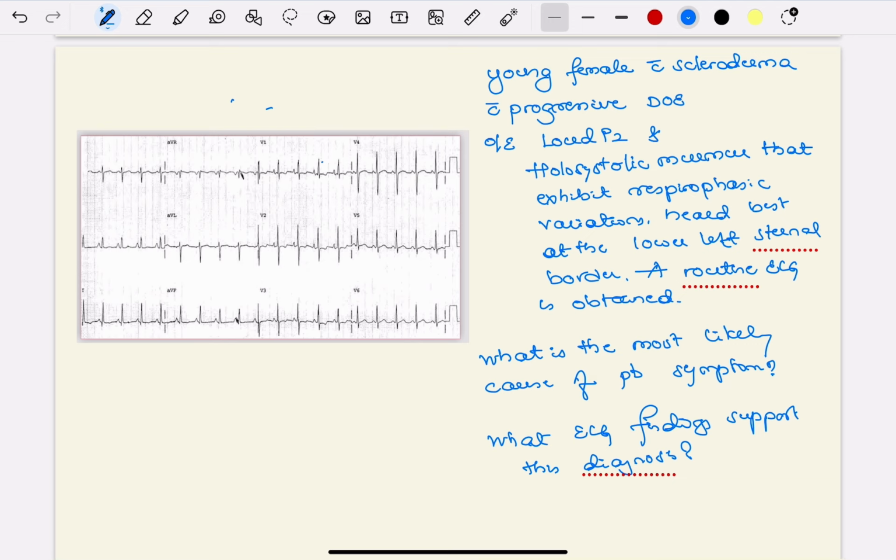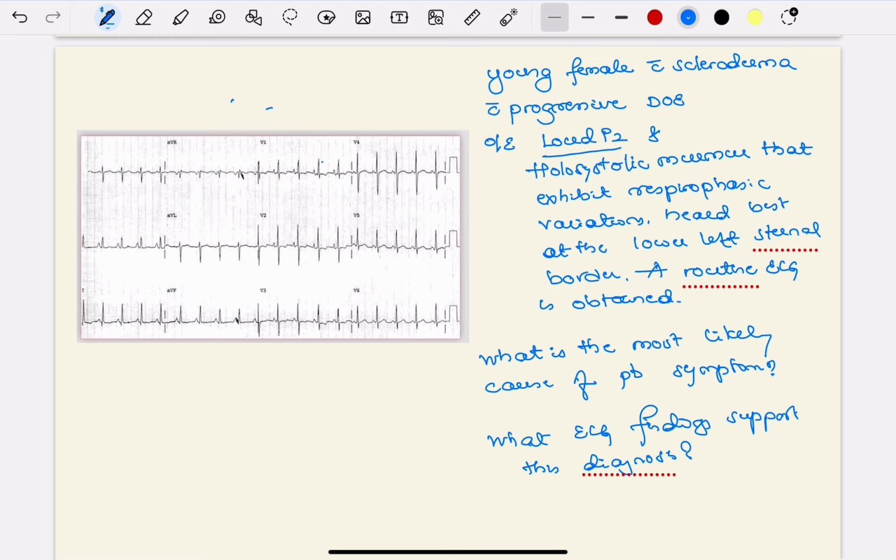And our examination also supports our history diagnosis: loud P2 and holosystolic murmur at around the pulmonary area. That means there is a pressure gradient established between the right ventricle and pulmonary artery. So we just have to look at the ECG and confirm or support our diagnosis.